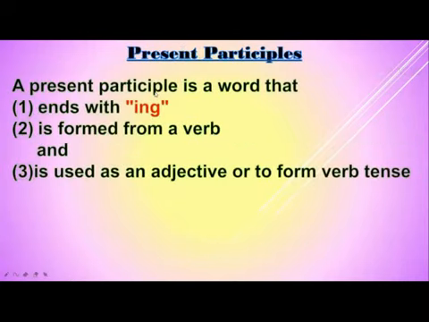What is a present participle? A present participle is a word that ends with ing, is formed from a verb, and is used as an adjective or to form verb tense.